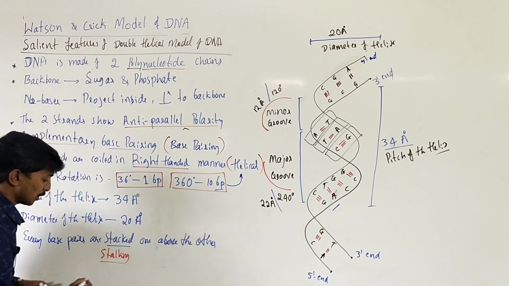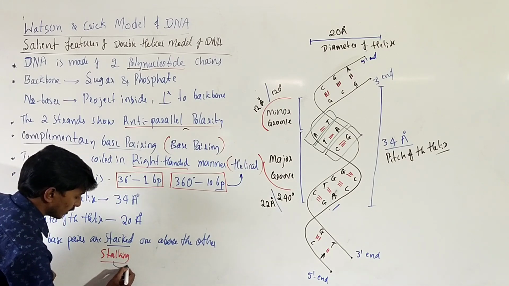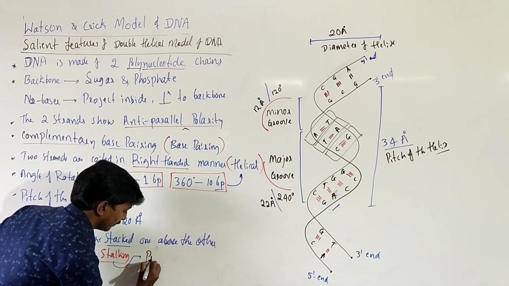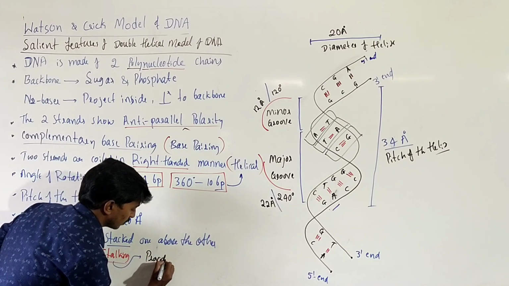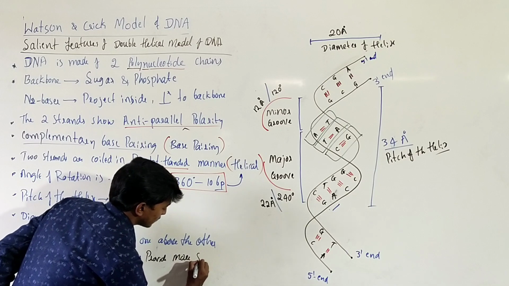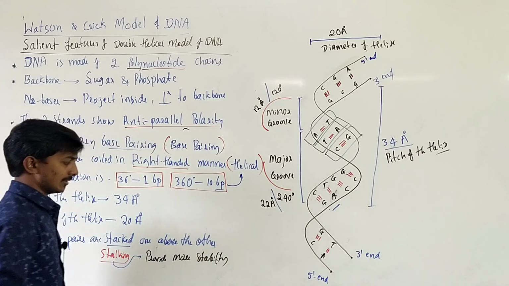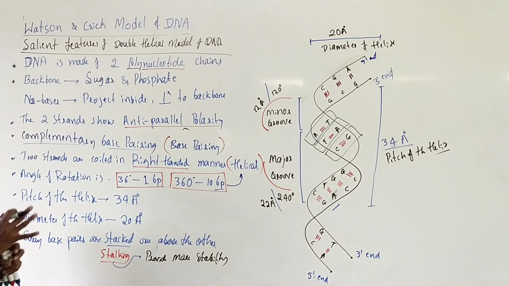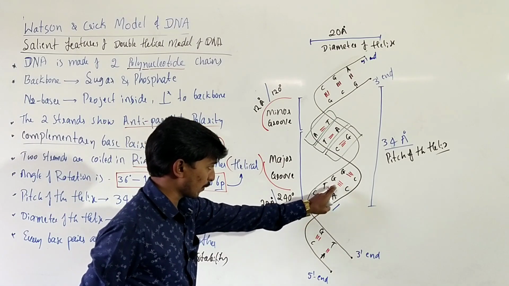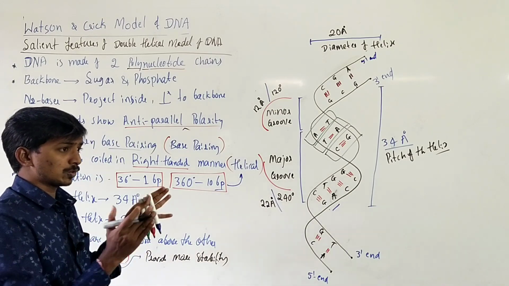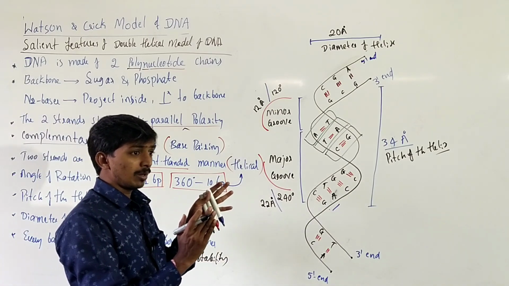Because of the stacking, the DNA will get more stability. Okay, stacking along with hydrogen bonds. Of course, the hydrogen bonds will provide stability for the DNA, just to bind the two strands so that it will become more stable.